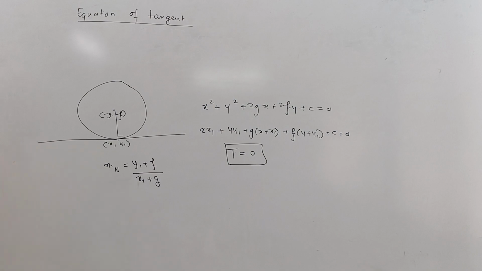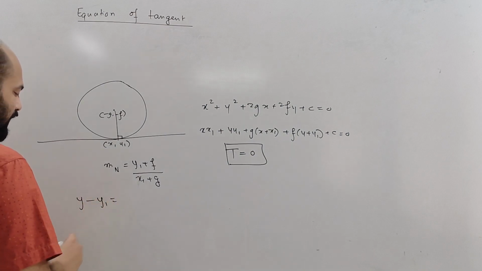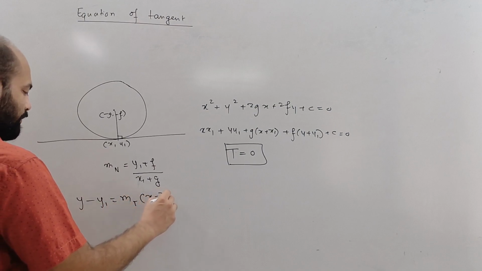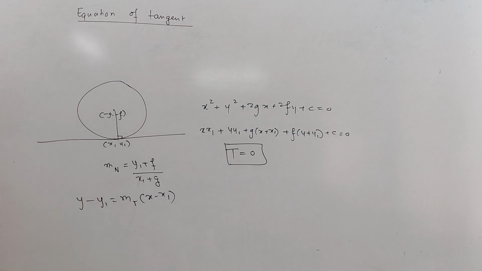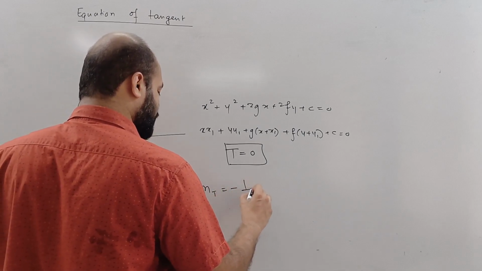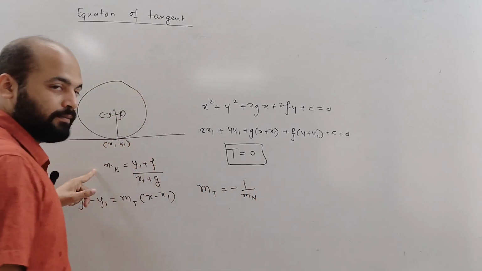Now this point is given to us, so it is pretty easy to find the equation of the tangent by using the slope point form of the line. So I can write y minus y1 equals mt into x minus x1. What we found is the slope of the normal, and what we want right now is the slope of the tangent. So the slope of the tangent is going to be the negative reciprocal of the slope of the normal.